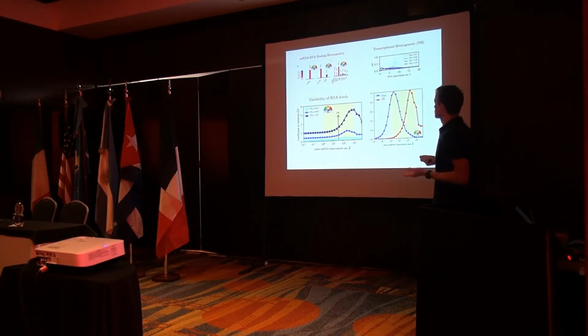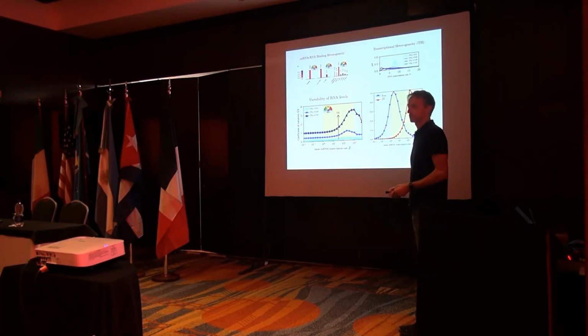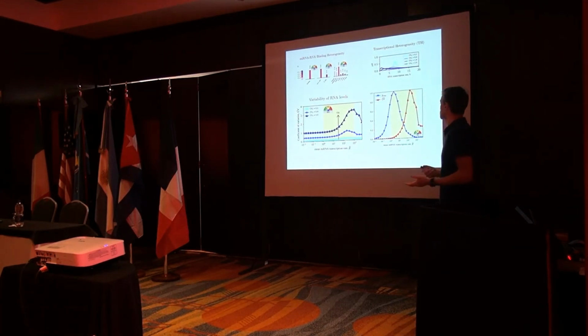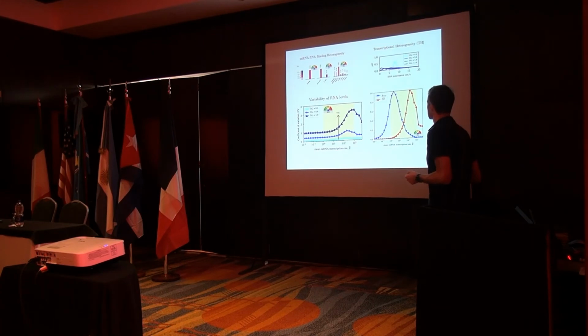One of the other things that you can ask is, of course, because I have variability in the transcription rates, this will induce a variability in the RNA levels. And I can ask myself, how does the variability in RNA levels crosstalk with the crosstalk network? So how does the crosstalk network affect the variability in RNA levels, okay?